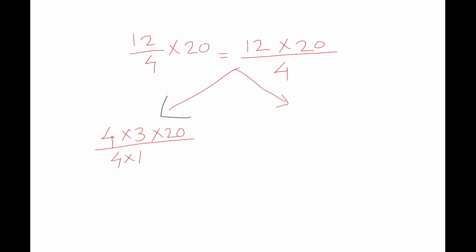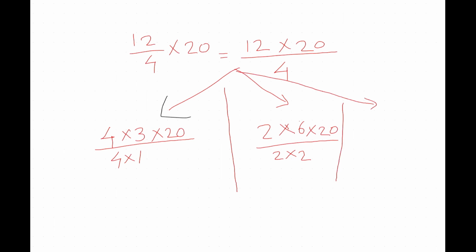Then the other kid is thinking 2 times 6, 2 times 6 into 20 divided by 2 times 2. Then the third kid is thinking, 12 into 2 into 10. Listen, Shiva. 2 times 2.